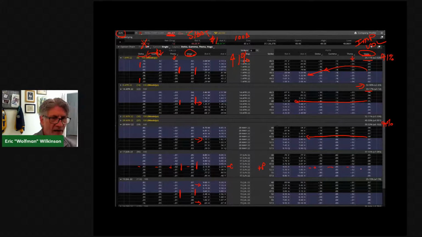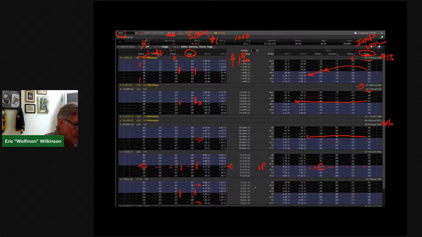And then I buy positive volatility on the puts, so that's a positive to me. So what happened here? The delta is negative across the board, so those add together.